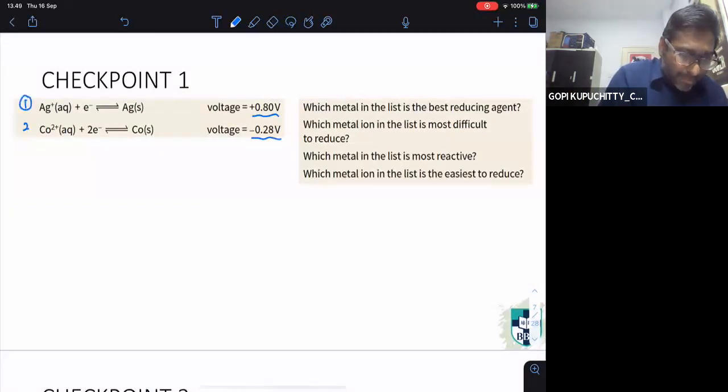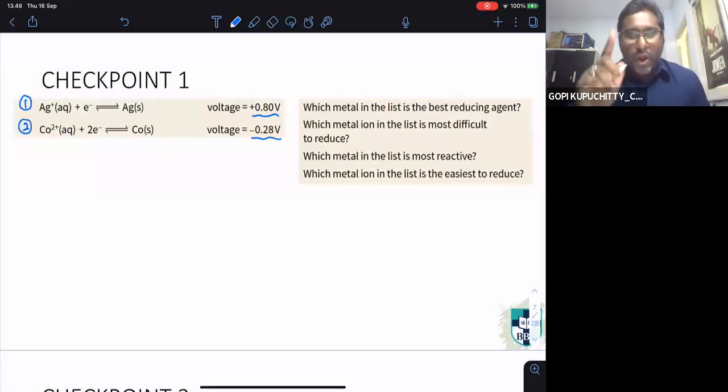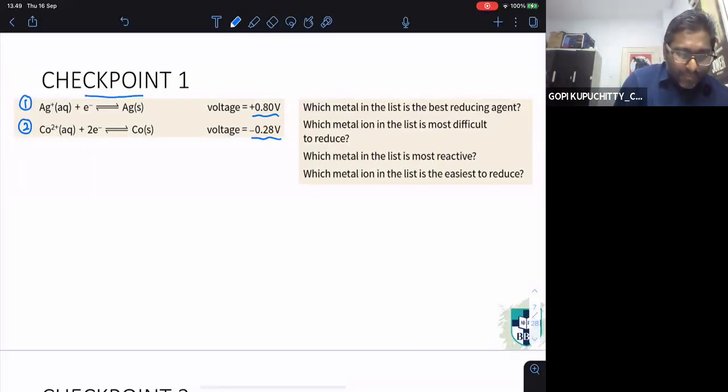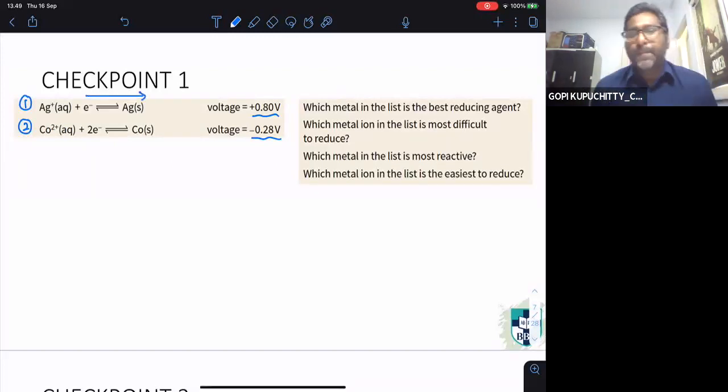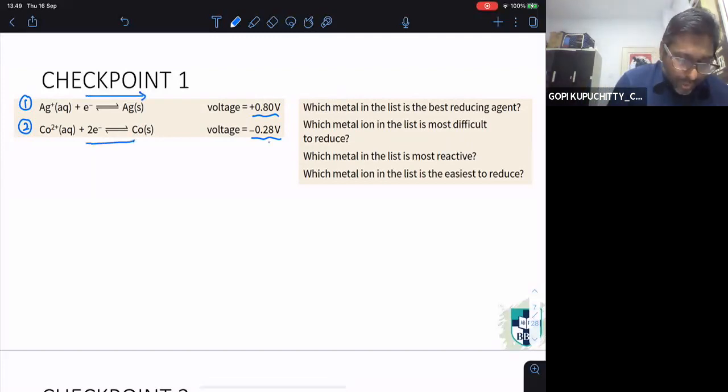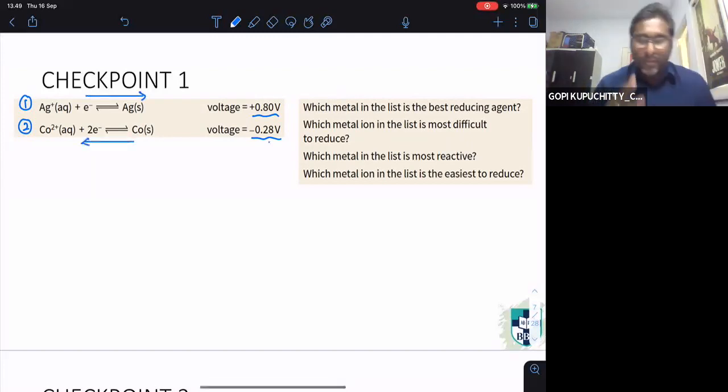Equation number 1, equation number 2. According to what I said, the more positive one, equation number 1, goes to the right. This one is negative, so you put the arrow over there. That is the first thing that you put.